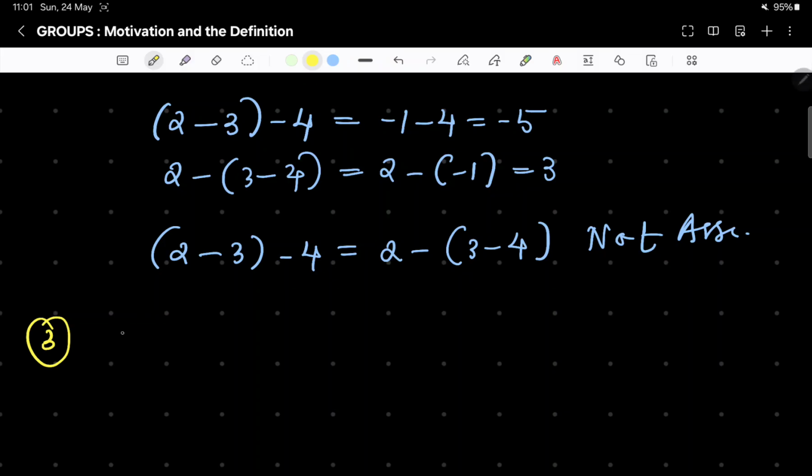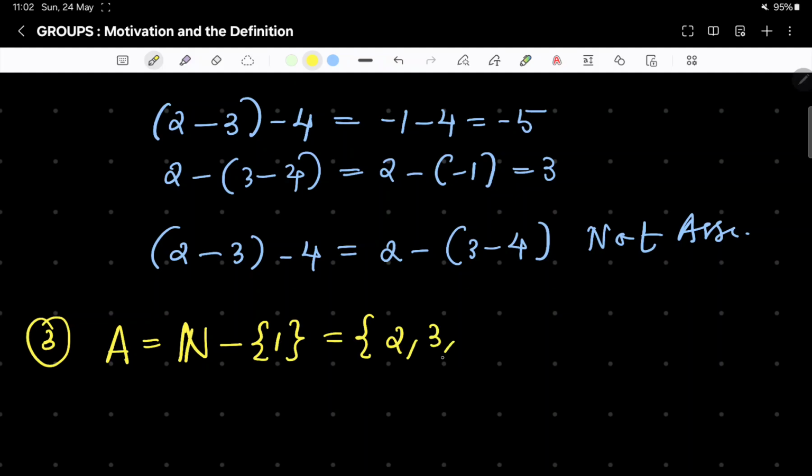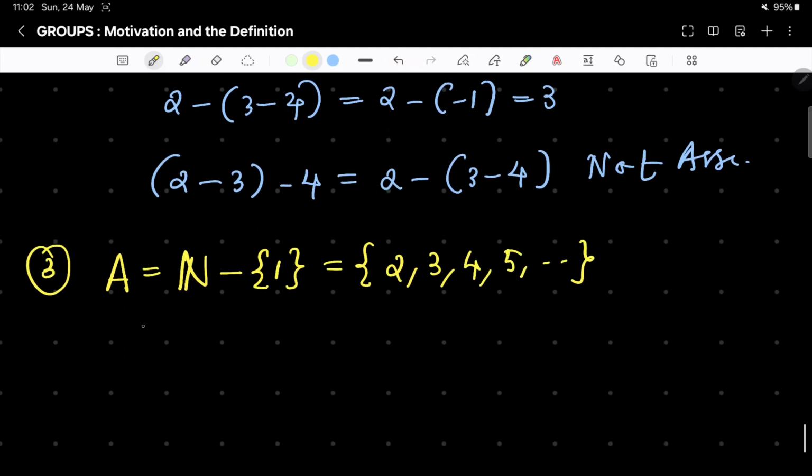For example, you take the set we call A. This is all elements of the natural numbers except the element 1, so 2, 3, 4, 5, like that. And you define the operation addition on this, so addition on A cross A to A.